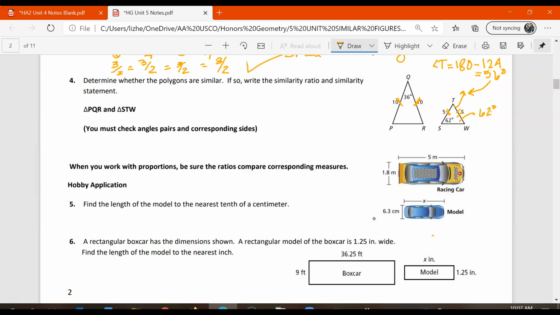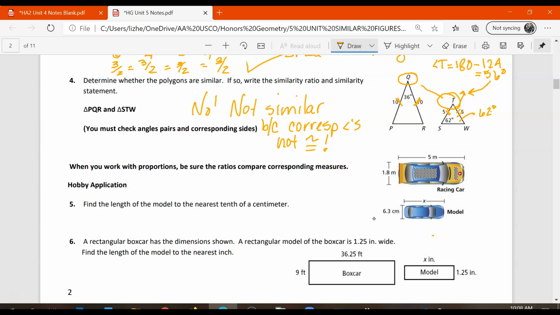Now here, this is the angle that corresponds with this angle. And this angle is 36, whereas over here it's 56. Well, they're not equal. So no, they're not similar. Why? Because corresponding angles are not congruent. I don't even have to check the proportion of the sides, because if the angles aren't congruent, they cannot be similar.